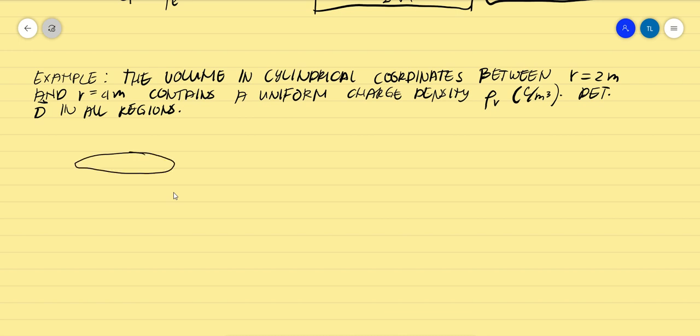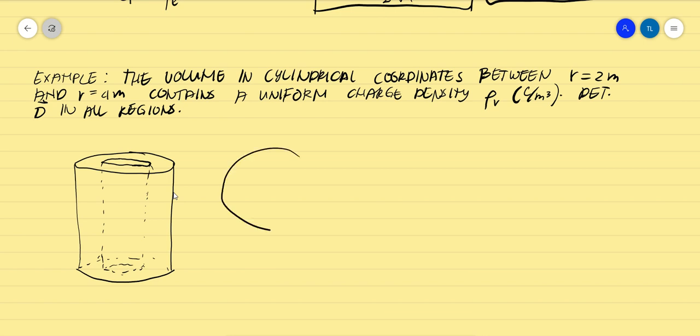So we have here the first one, then r equals 2 inside the cylinder. So it's a hollow cylinder. If we draw the top view, it will be just like this.